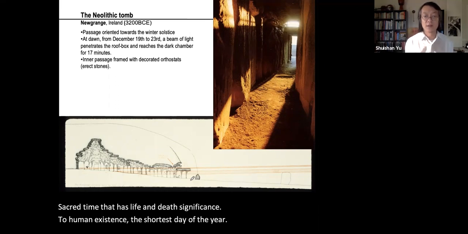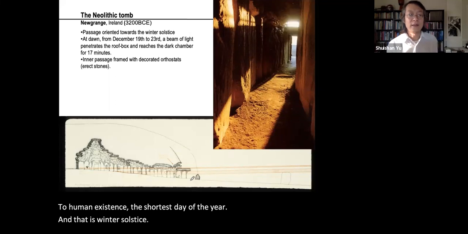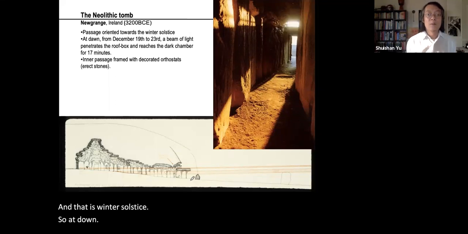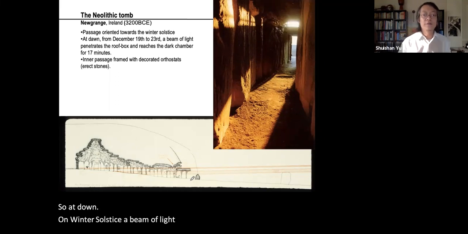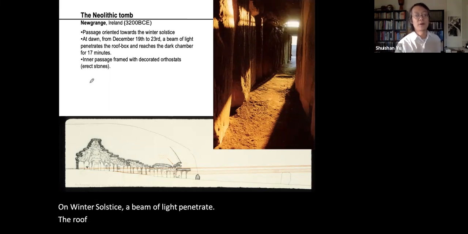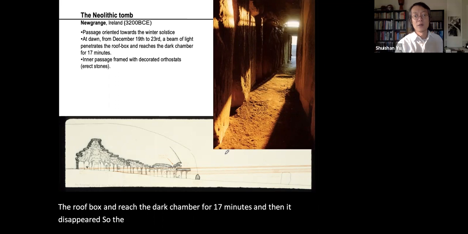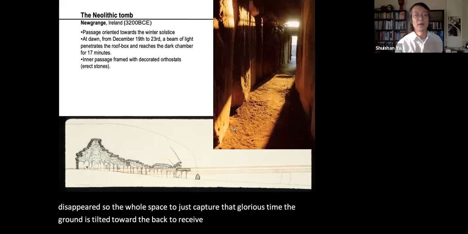That is winter solstice. So at dawn, on winter solstice, a beam of light penetrates the roof box and reaches the dark chamber for 17 minutes, and then it disappears. So the whole space design was to capture that glorious time. The ground is tilted toward the back to receive that golden sunshine.